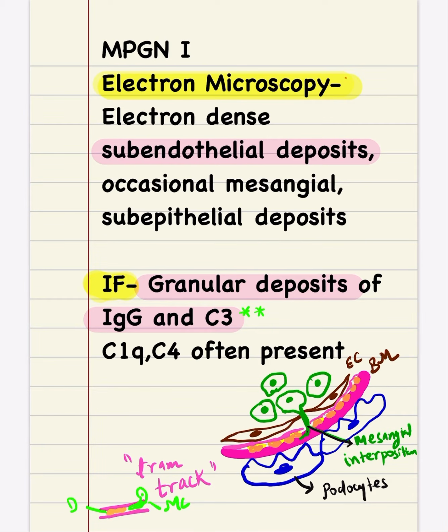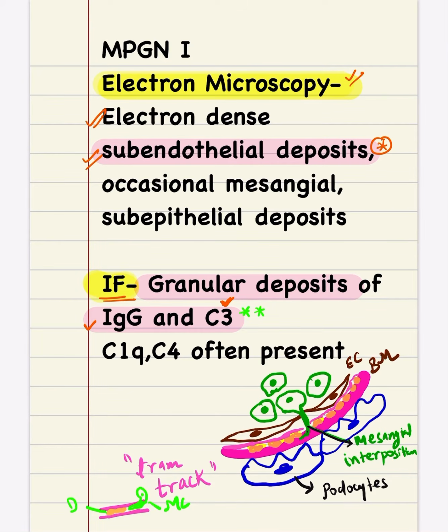Next, findings of electron microscopy. Electron microscopy will show electron dense deposits which are subendothelial in location. So you remember in MPGN 1 the deposits are subendothelial, and these deposits are made up of IgG and C3. So immunoglobulin and C3, because these are immune complex deposits, and this will be illustrated by immunofluorescence.